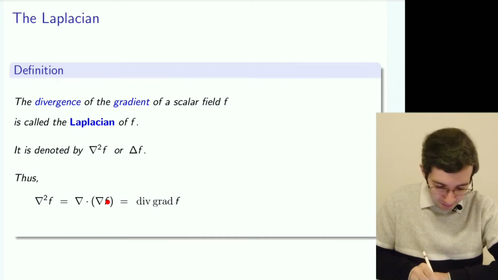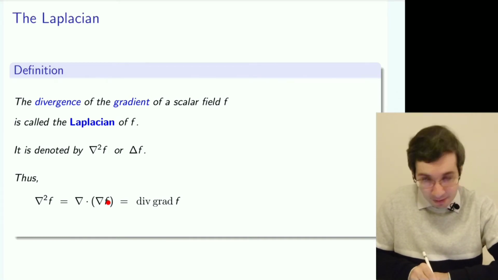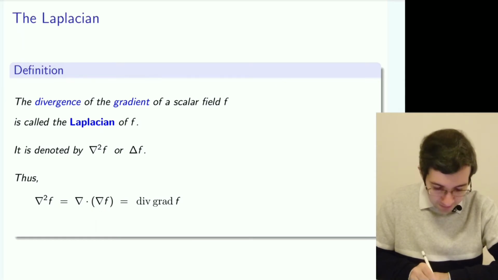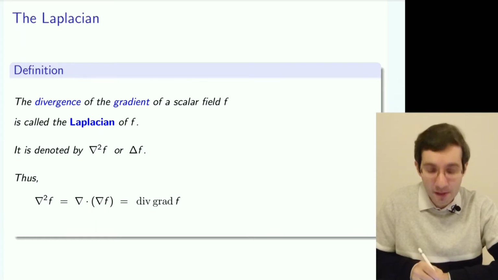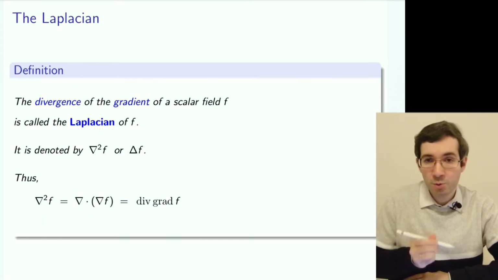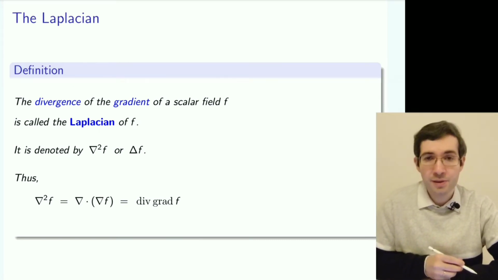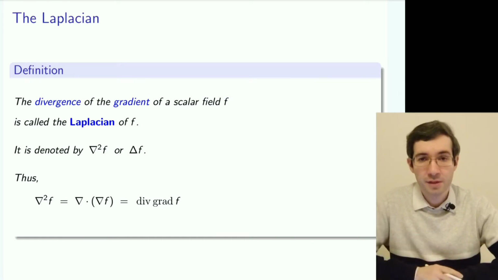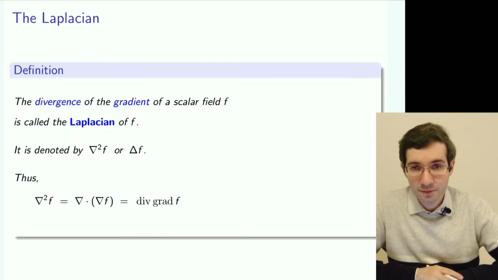If you remember, the gradient applies to the scalar field, gets the vector field, and then this vector field can be inserted inside the divergence operator, and the result of that will be again scalar. So the Laplacian takes a scalar function and returns you a scalar function or scalar field.